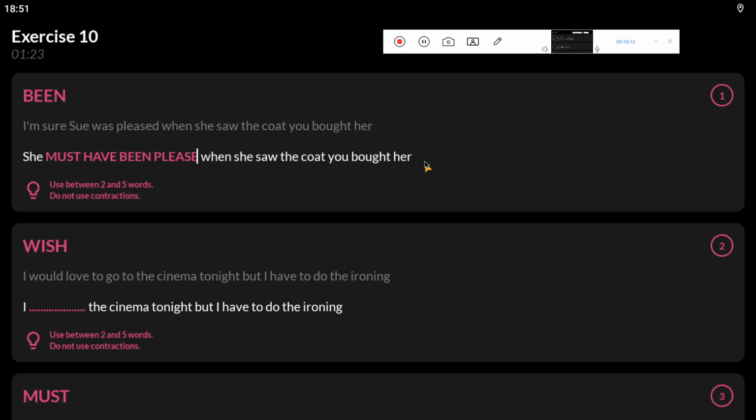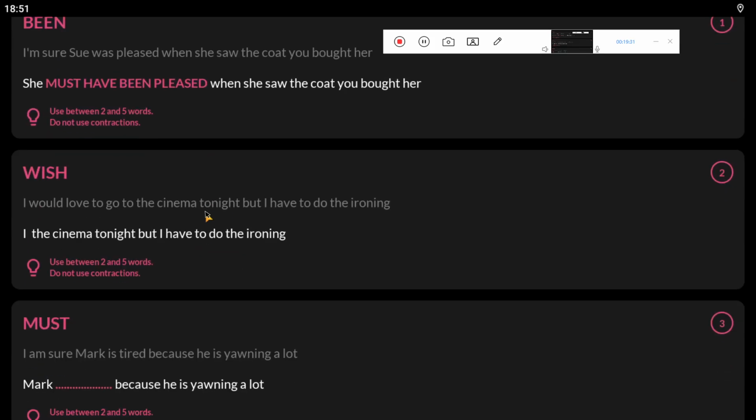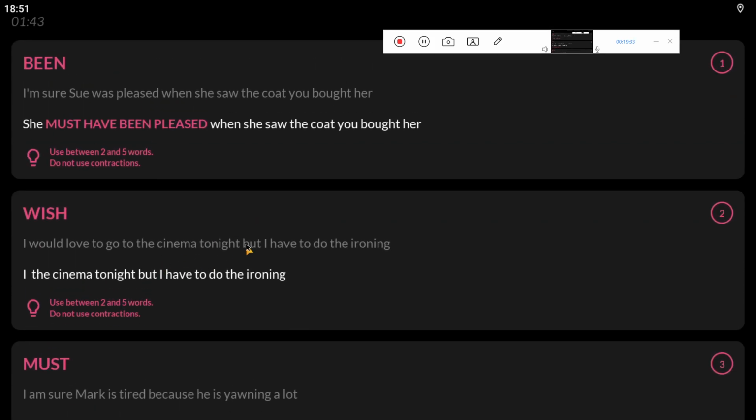So she must have been pleased when she saw the coat that you bought for her. One more time, sorry. It is called the modal perfect because we use a modal verb and then the present perfect.